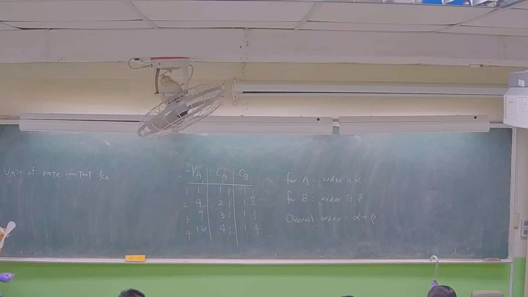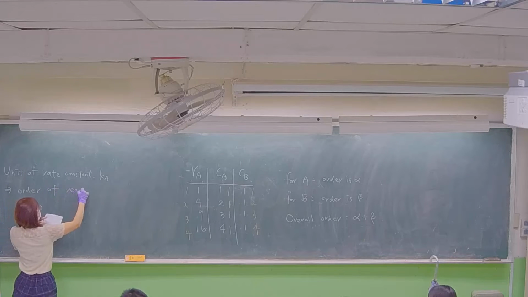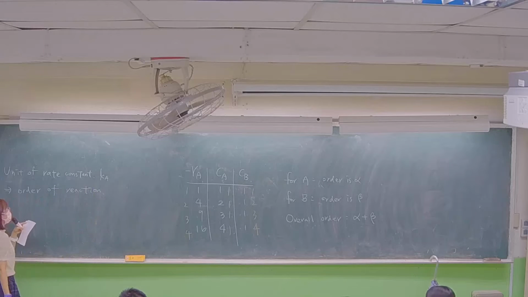It is important because if you know the unit of rate constant, you will know the order of reaction. So in the problem, if you cannot find which is the order for the reactant, you can check the unit for Ka. So let's see how to do this.